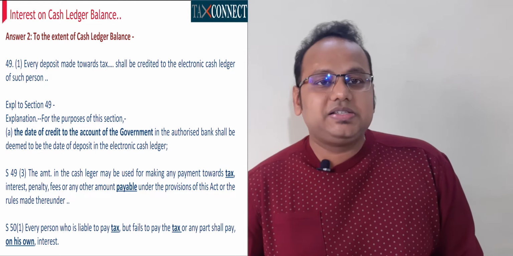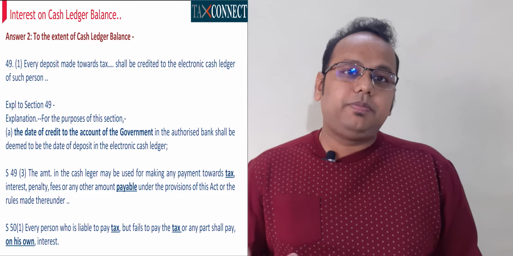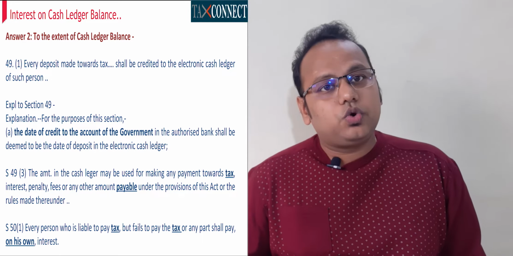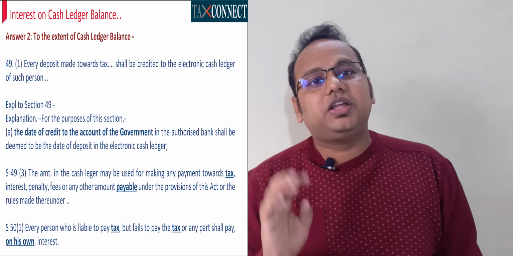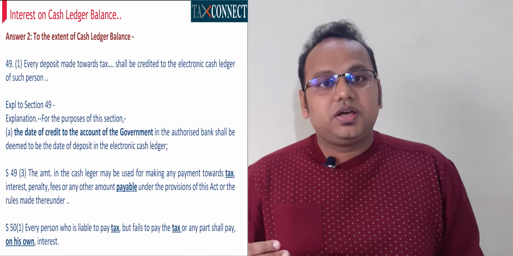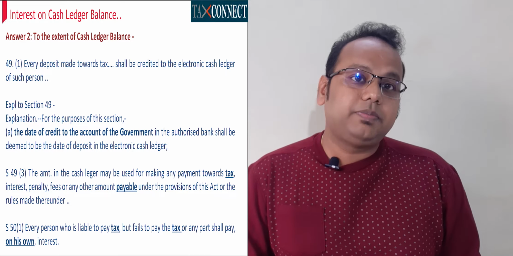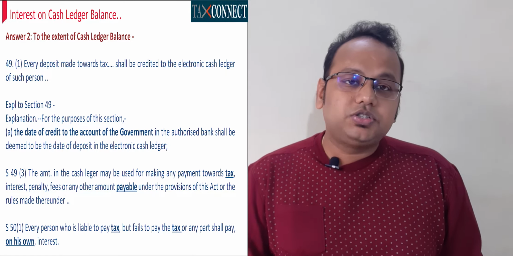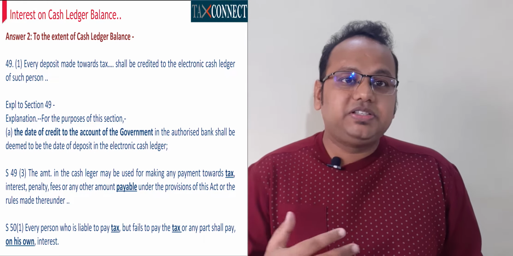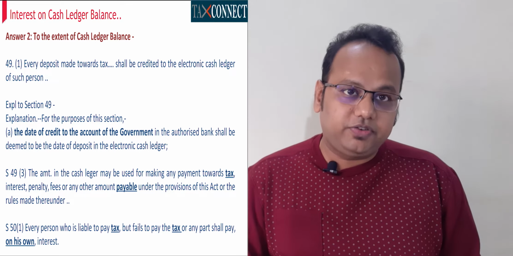So, in these cases it can always be argued that if a 3B cannot be filed due to system glitches etc., the interest would not be applicable even on the cash ledger balance because it was not possible to file the 3B because of system glitches.